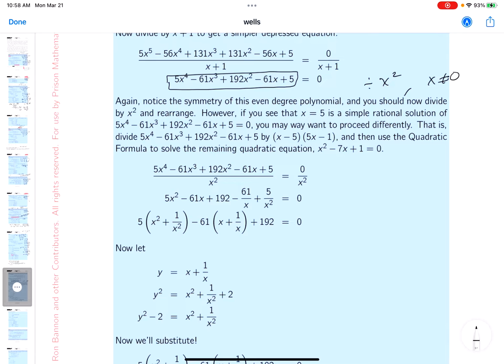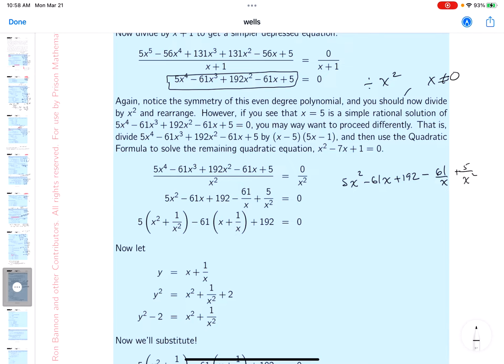What do you get over there? 5x squared minus 61x plus 192. Let's see, minus 61 over x plus 5 over x squared. All right? I'm kind of looking at that, and I'm going to do the same thing I did before, and I'm going to make a substitution.